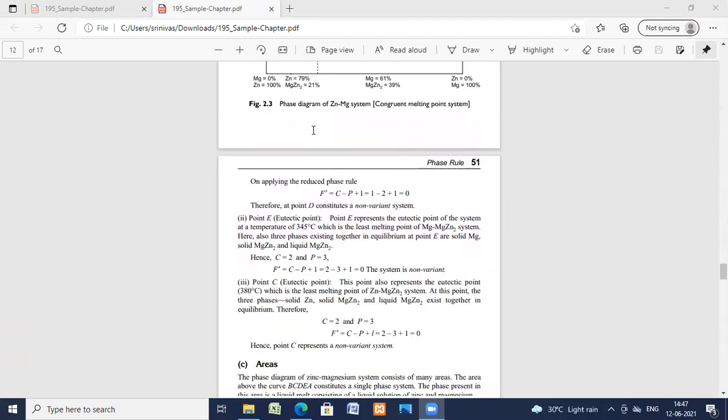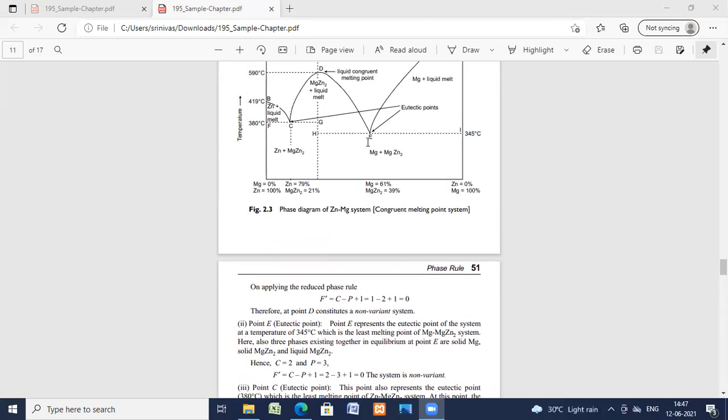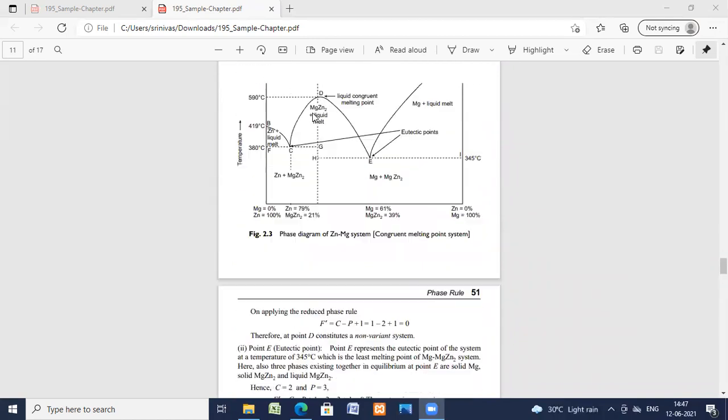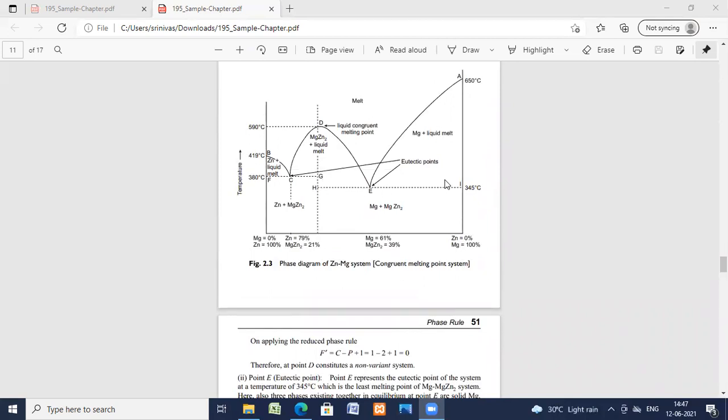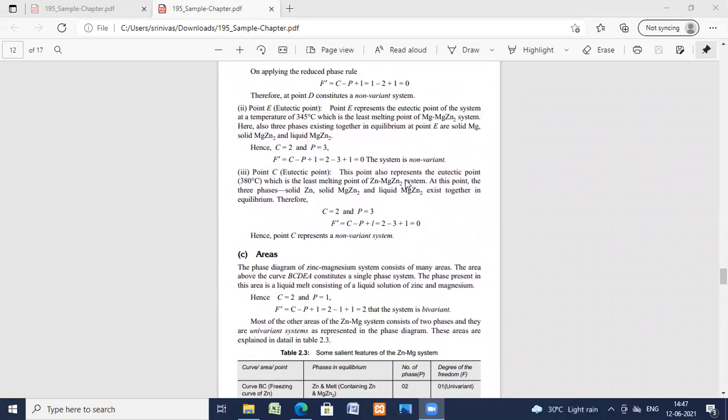Now, at point E, we'll see. Point E, point C. Later on, curves and areas will be discussed. Point E is the eutectic point. Point E represents the eutectic point of the system at temperature 345 degrees centigrade. This is the least melting point of the MgZn2 system.